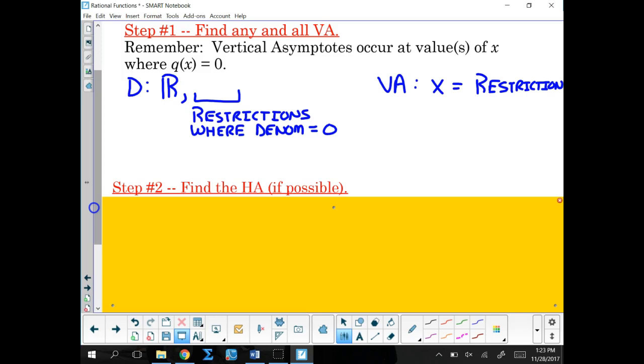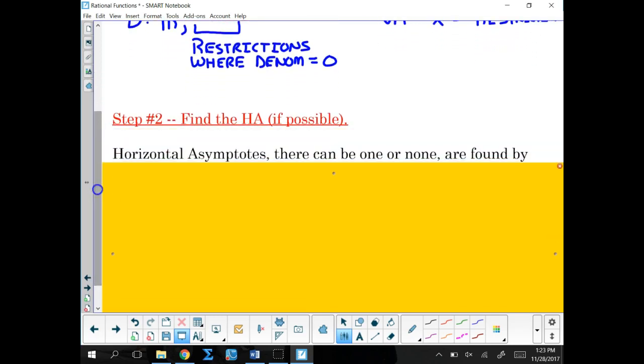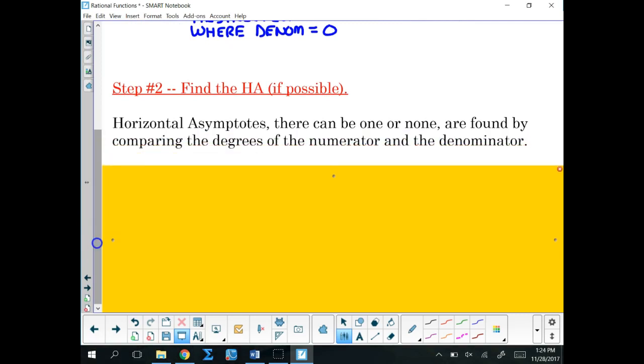The difference is that the horizontal asymptote, there can only be a maximum of 1. You're either going to have 1 or you're not going to have any at all. We find the horizontal asymptotes by comparing the degrees of the numerator and denominator.